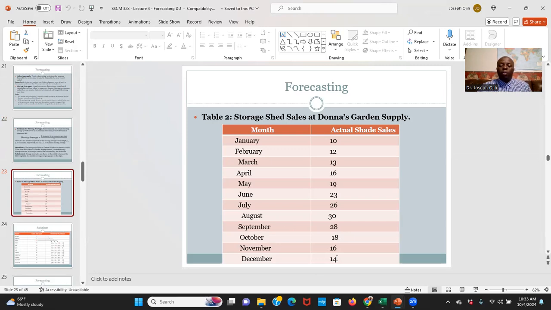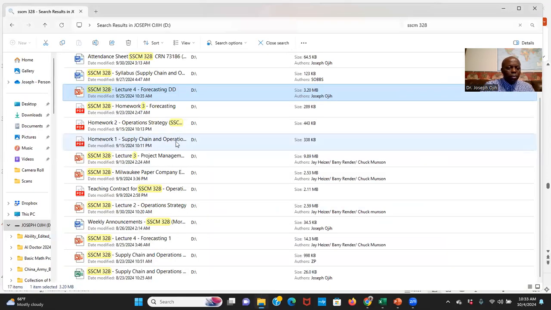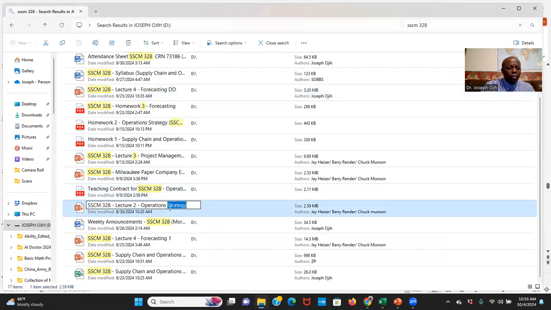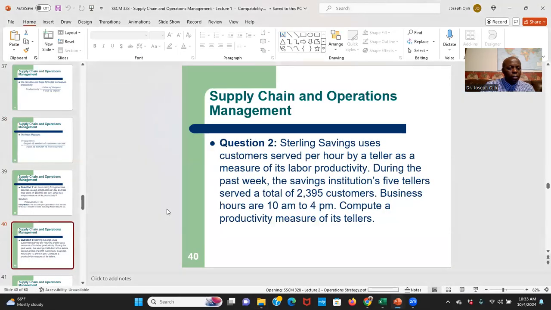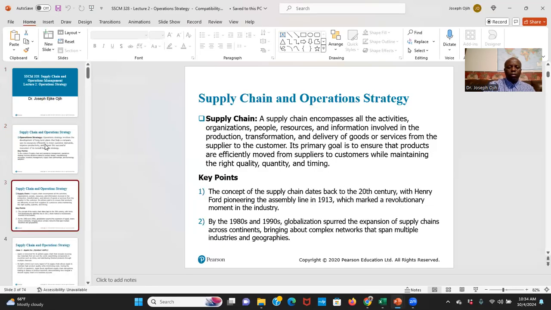Then the other will be a question that will involve writing, like this one here. Let me close this and show you what I mean. One on strategy. Let me open it. Yeah, operational strategy.